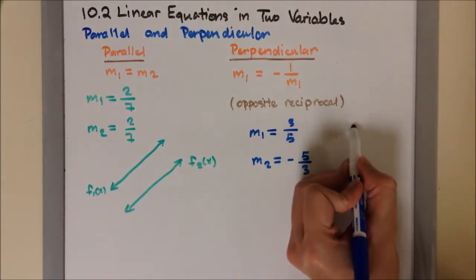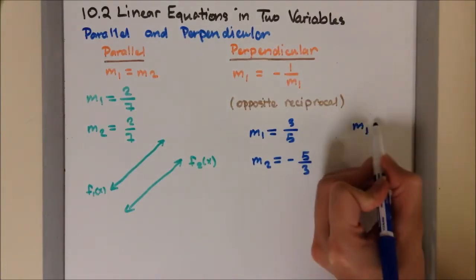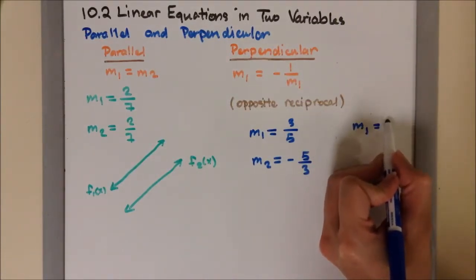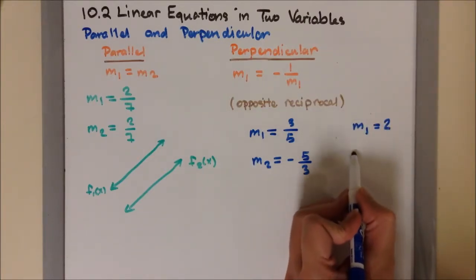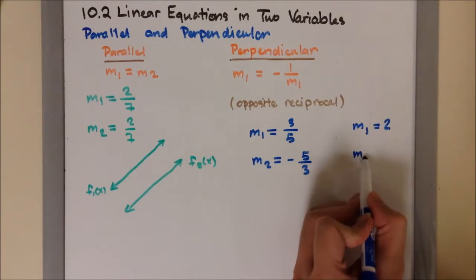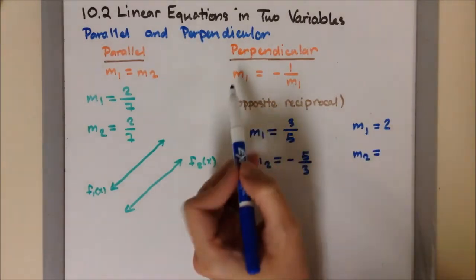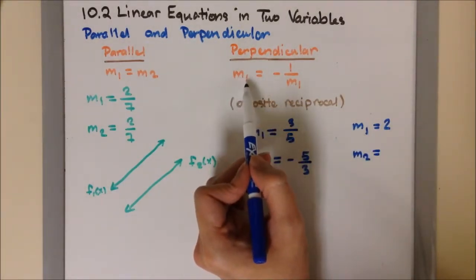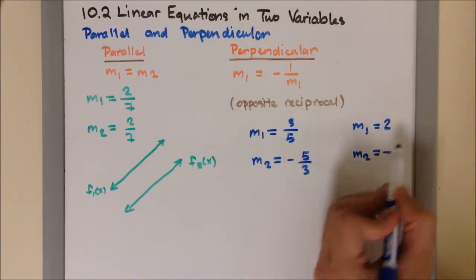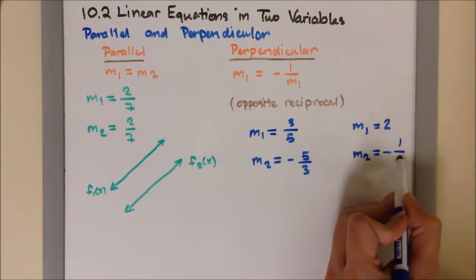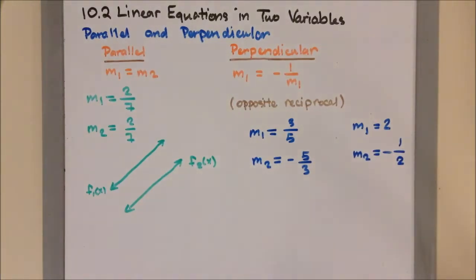Now, say you have a whole number, m equals, say, 2, and you're looking for a perpendicular slope, m sub 2. Basically, if m sub 1 is a whole number, you just follow this rule. You want to make it negative, and then just put 1 over 2. Now, how do you know that they are reciprocal?